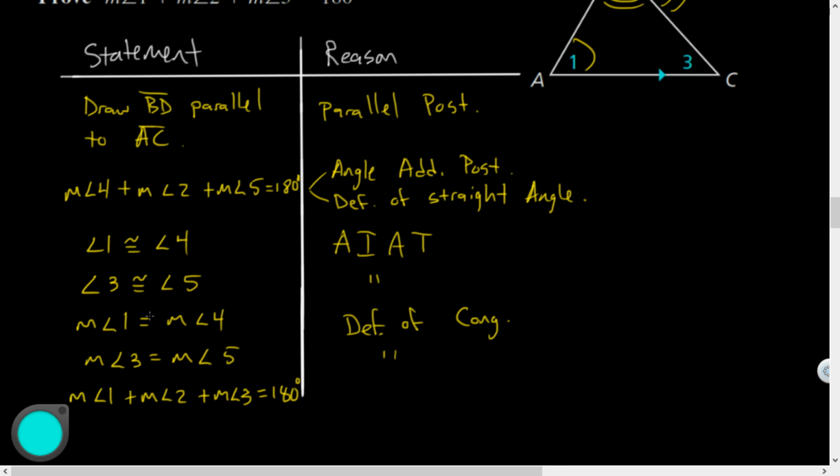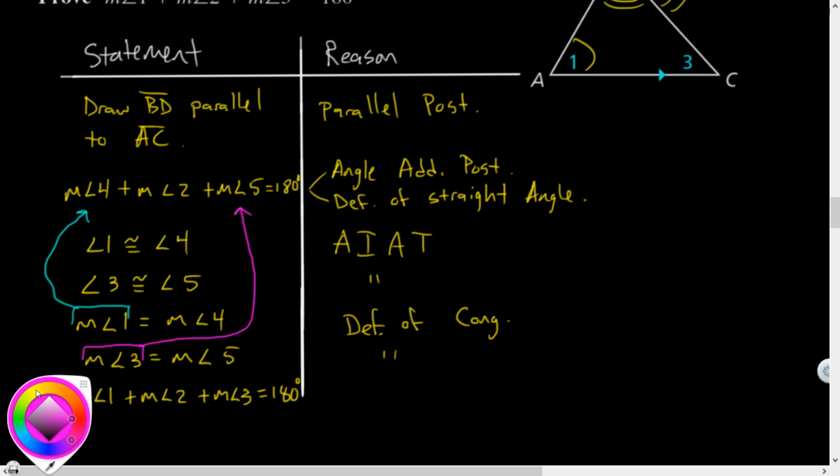Substitution. If the measure of angle 1 is equal to the measure of angle 4, then I can substitute it in for the measure of angle 4 at any time. If the measure of angle 3 is equal to the measure of angle 5, then I can plug it in for the measure of angle 5 in any equation I want to. The reason that is true, we just did: substitution property, subs prop.